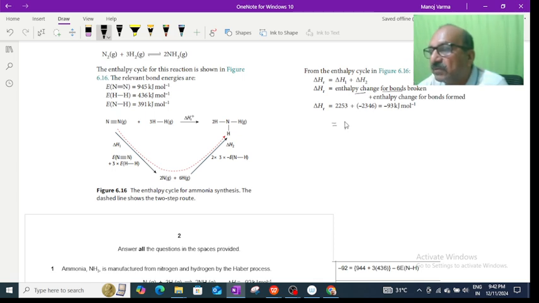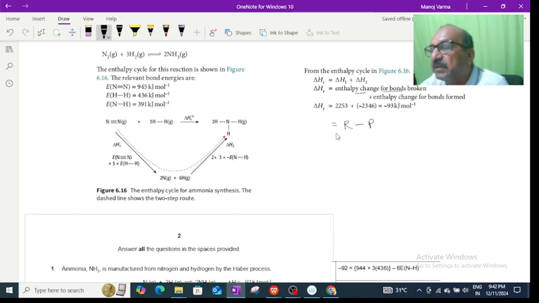Then, because plus minus is minus, you have to subtract the energy released for forming the bonds in the products. So it becomes of this form: reactants minus products.